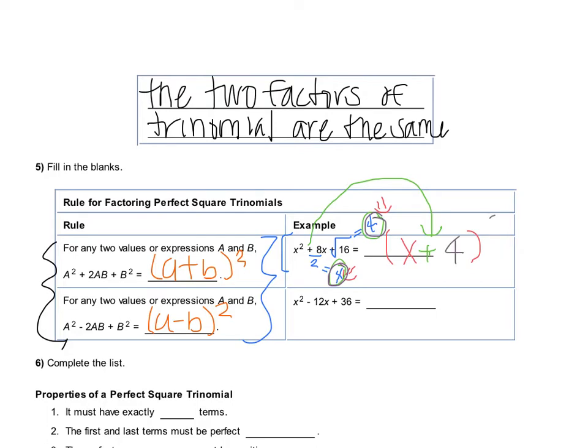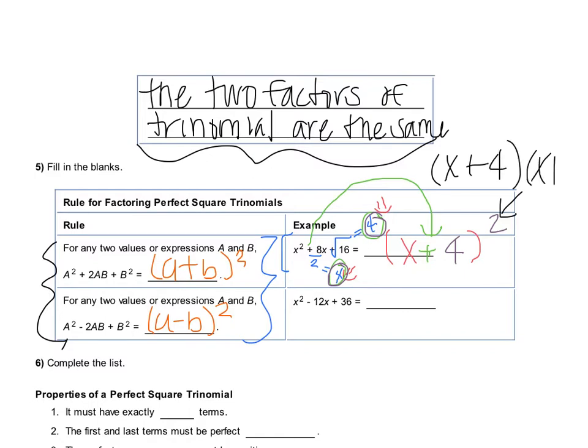And then I'm going to add a squared sign on the end. Because we said the two factors of the trinomial are the same, so there has to be two factors. If I put a squared sign there like I did here, what that means is my factors are really x plus 4 and x plus 4. And instead of writing it twice, I can write it as x plus 4 squared. So let's check the next one.